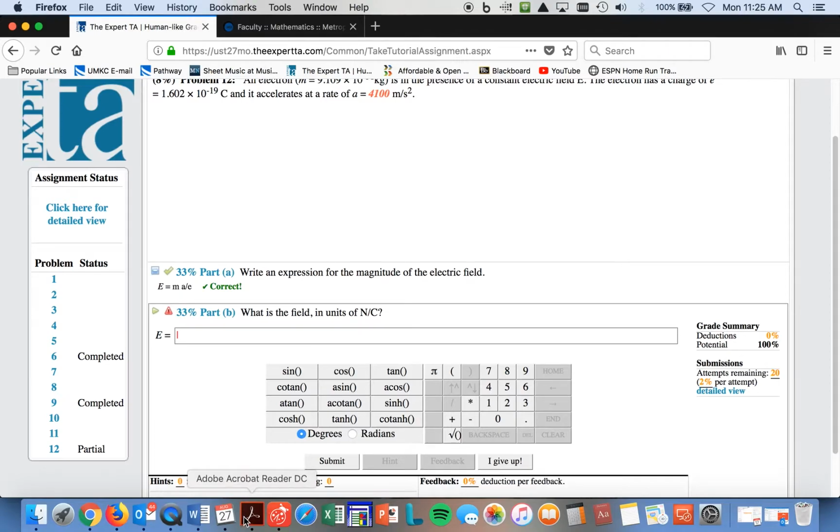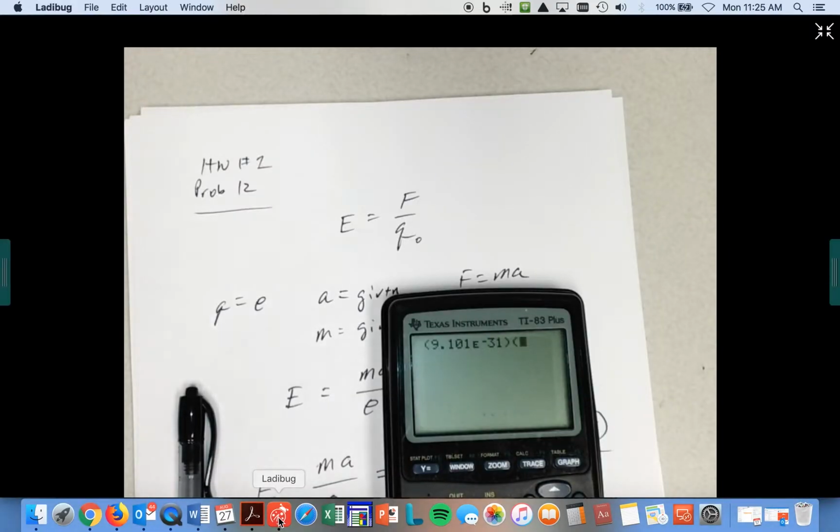Yeah, that's what I thought. Divided by the charge, which to me is negative 1.602 e to the negative 19, which gives me negative 2.33 e to the negative 8.